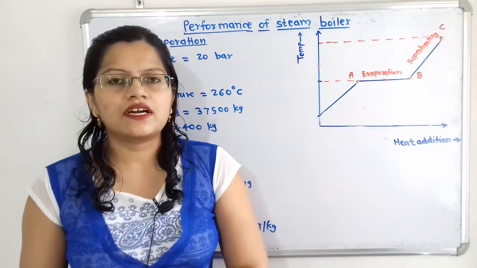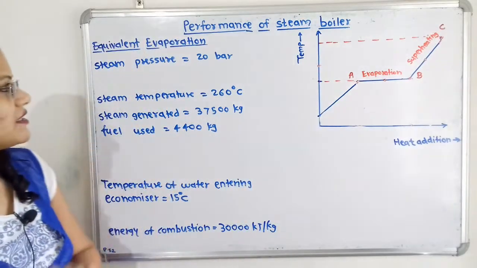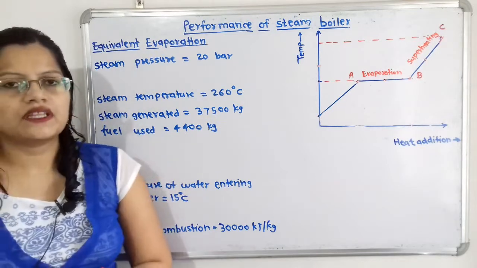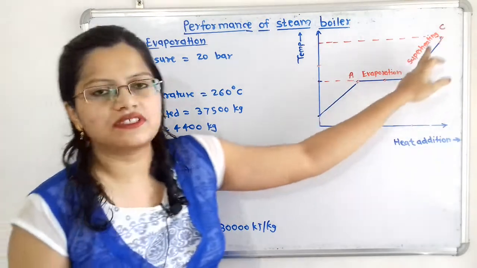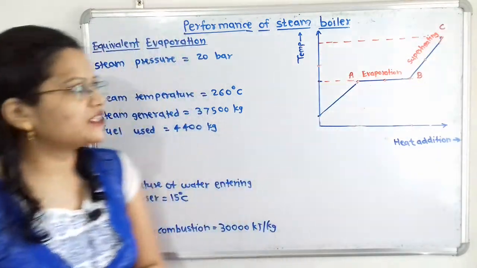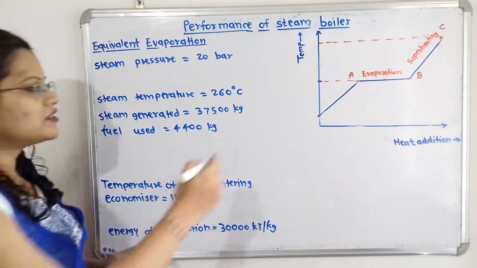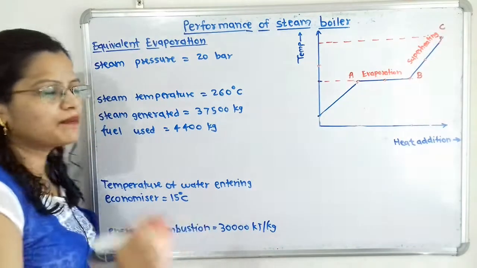Let us first understand the given data. Now steam pressure is given 20 bar. Now if we observe in the boiler, evaporation process is taking place at constant pressure, and that pressure is given at 20 bar. So we can say that this process of evaporation is taking place at 20 bar pressure.